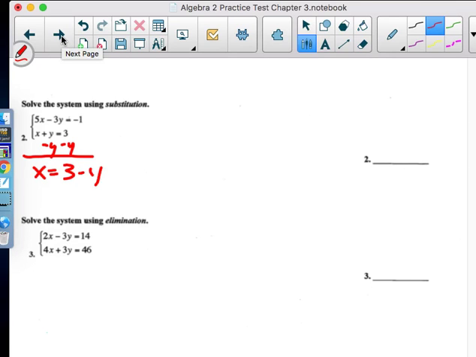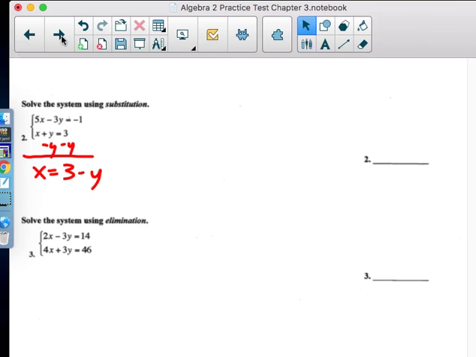And it doesn't matter if you put x equals 3 minus y or if you put x equals -3 plus y. Whatever's easiest for you is perfectly fine. So we're going to substitute in the other equation, the one we haven't used yet, 5x minus 3y equals -1. We're going to put this in for x, 3 minus y.